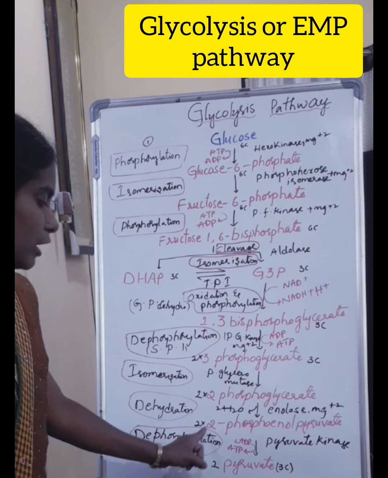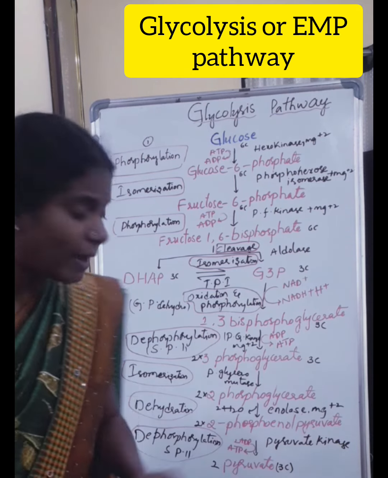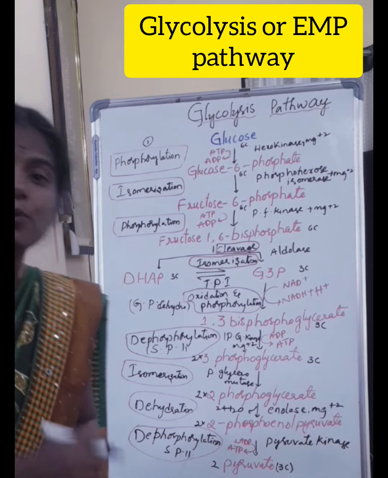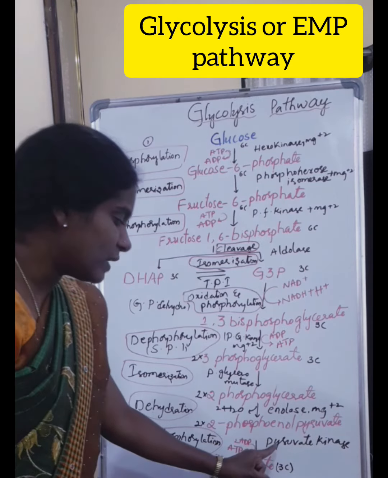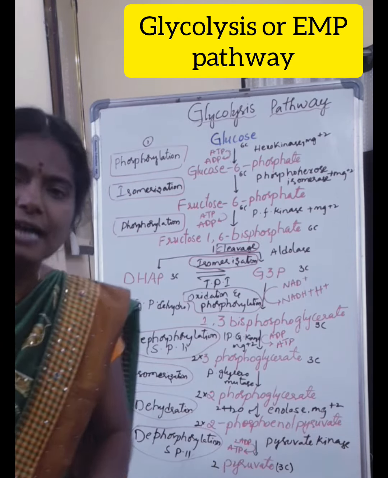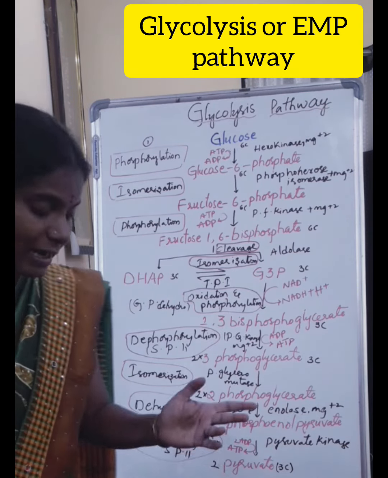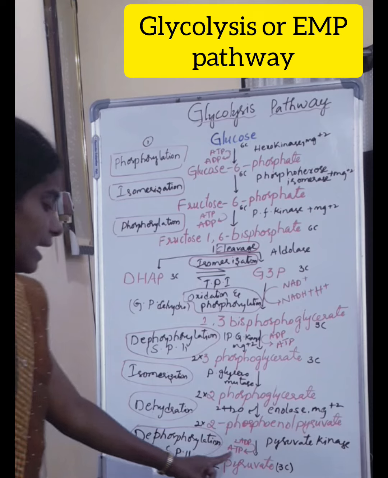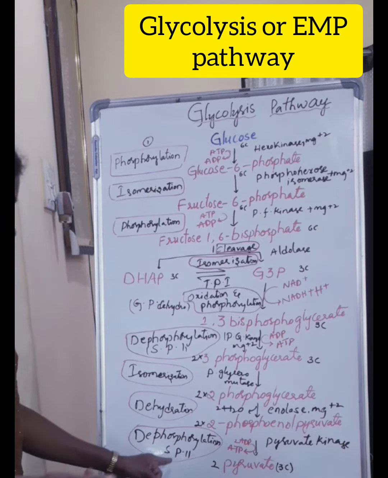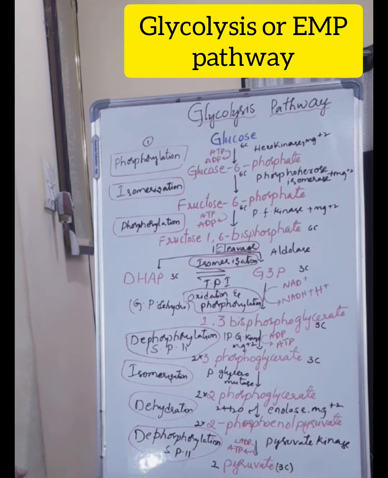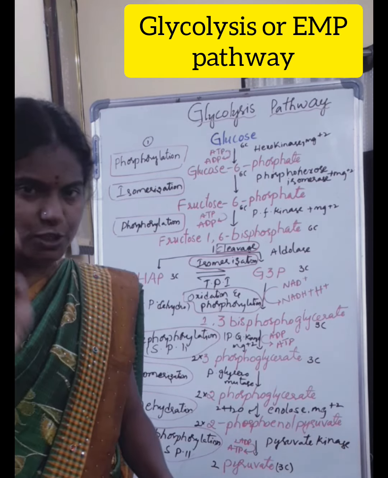Next, these 2 molecules of phosphoenol pyruvate are converted to 2 molecules of pyruvate or pyruvic acid in the presence of the enzyme pyruvate kinase, and the process is called dephosphorylation. Here also ATP is produced from the substrate, so it is also called substrate level phosphorylation.